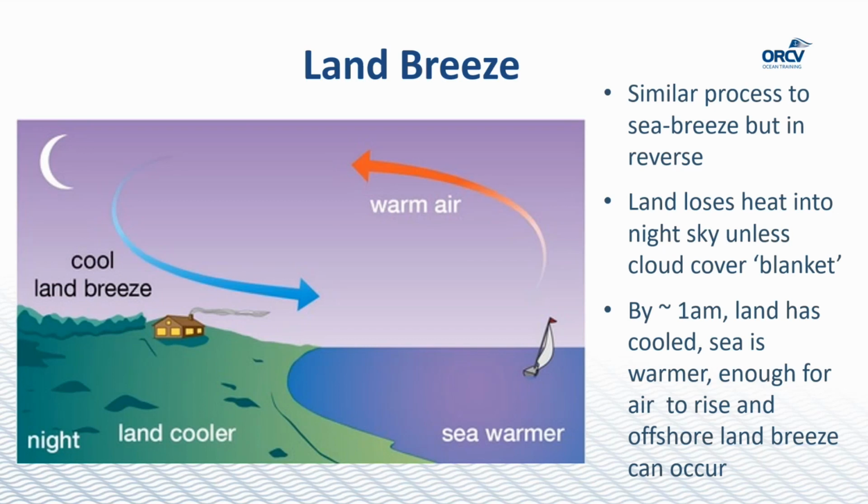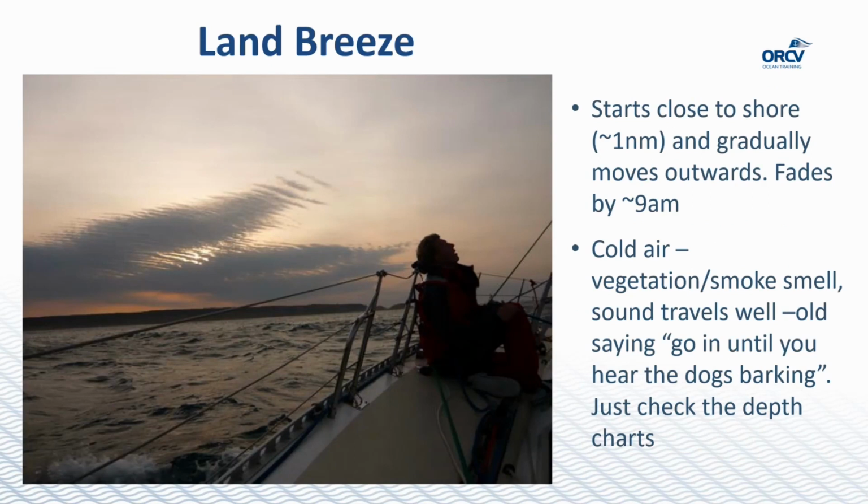You can pick up more than 70 miles on a competitor if you can get it right. And the land breeze, it goes there. Look at the cloud off the shore. Another very good sign. This cloud is termed altostratus.